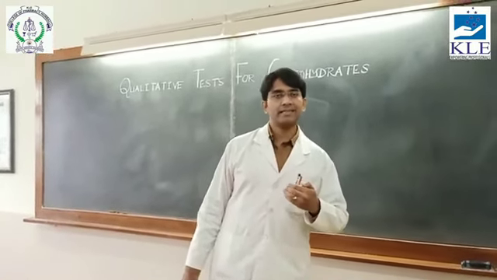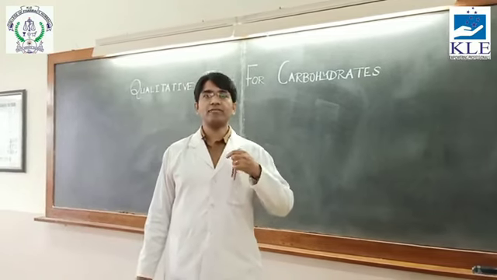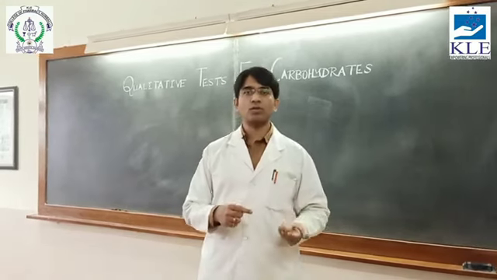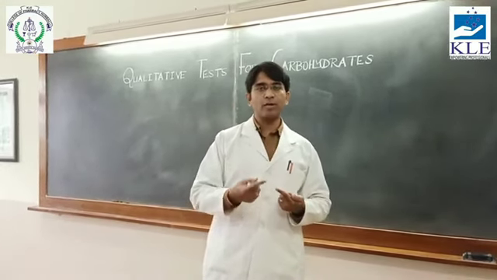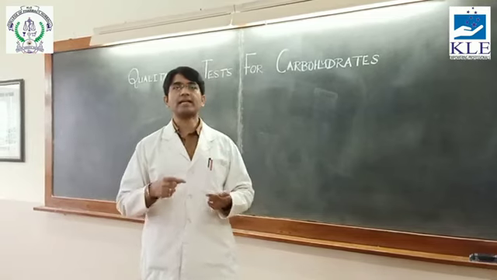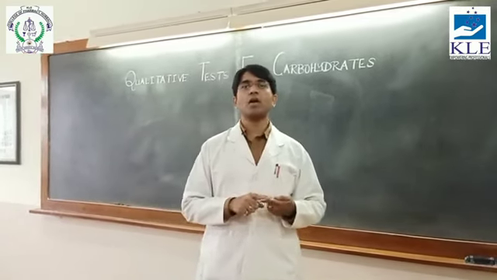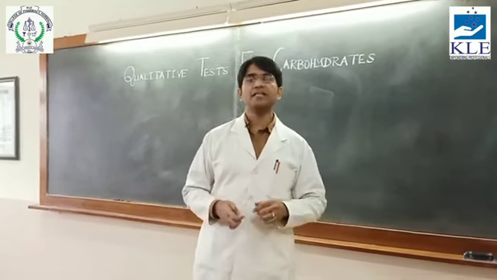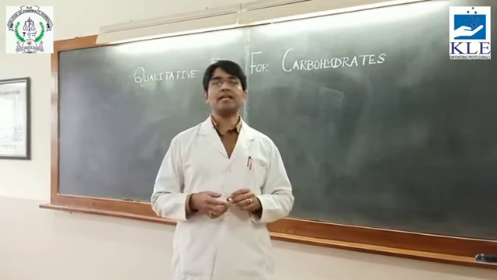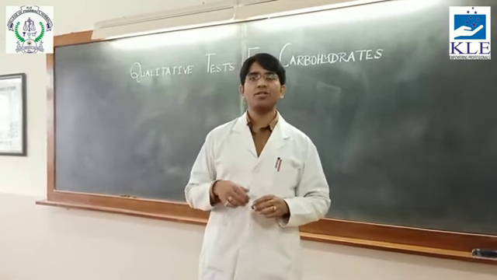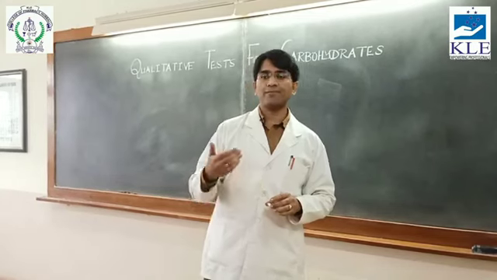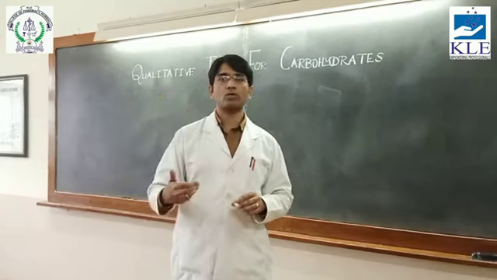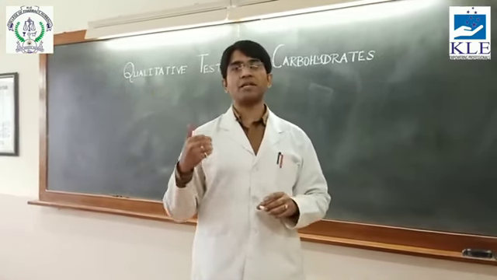Next, Selivanov's test gives us the information whether it is an aldose or a ketose, that is, whether the carbohydrate contains an aldehyde or a ketone as the functional group. Finally comes the Osazone test, also called the phenylhydrazine test, which enables us to know whether the given sample is glucose, fructose, maltose or lactose. It is the final confirmatory test.